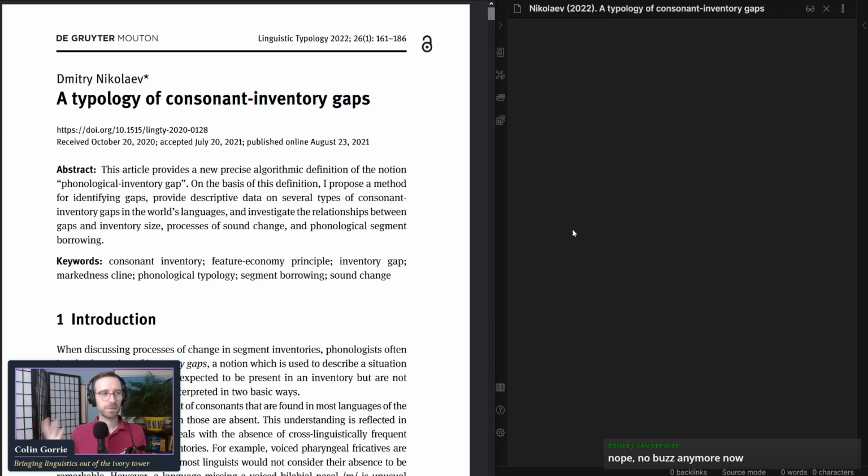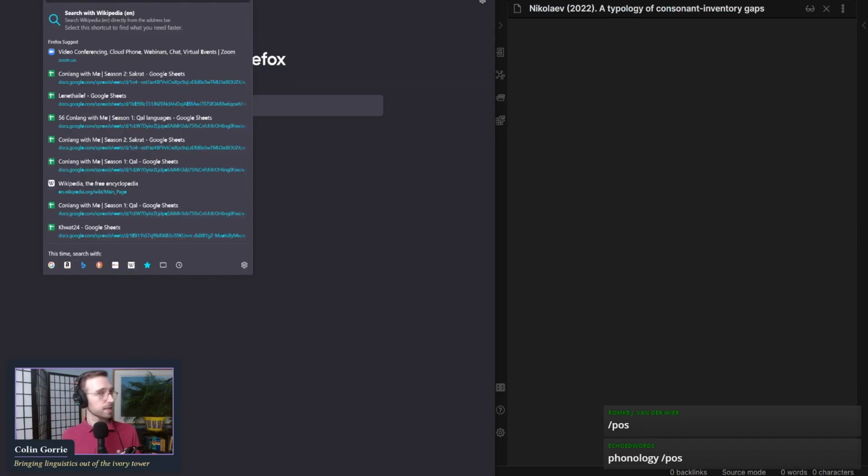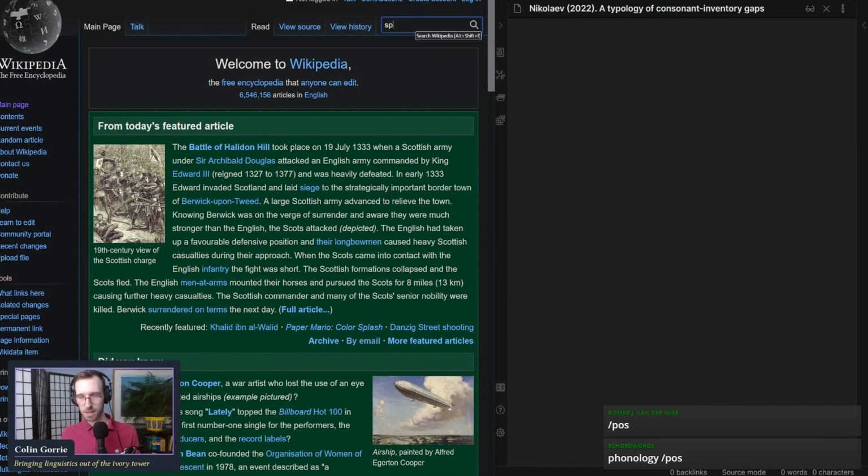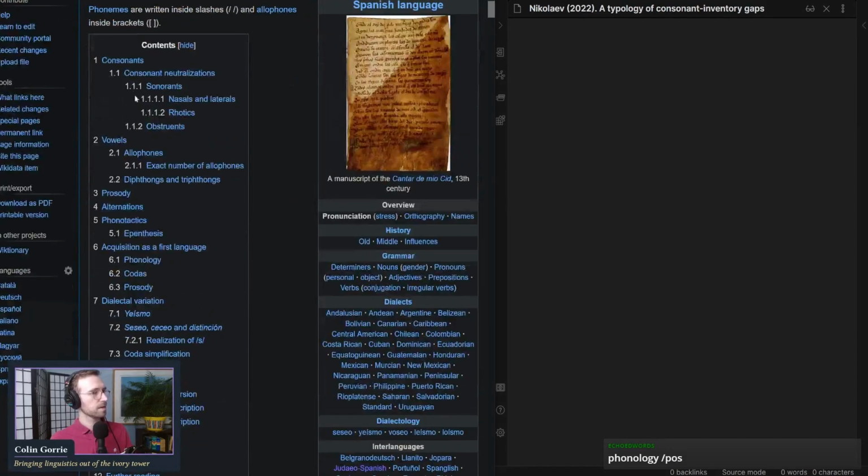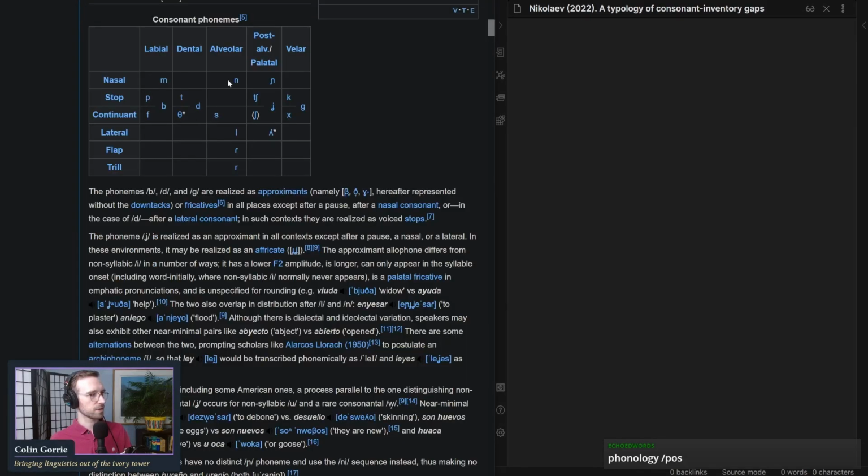So you often encounter in first year phonology this idea that we have an inventory. Let's see if I can get an inventory up. So let's look at Spanish. Let's see if we can see the consonant inventory here.